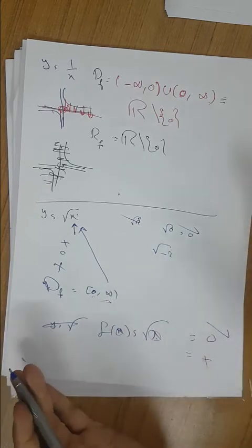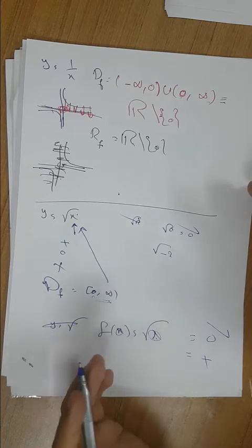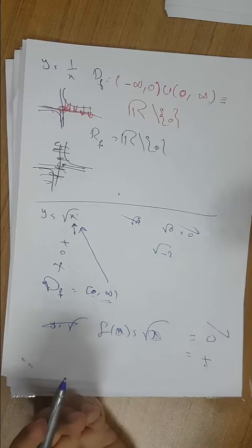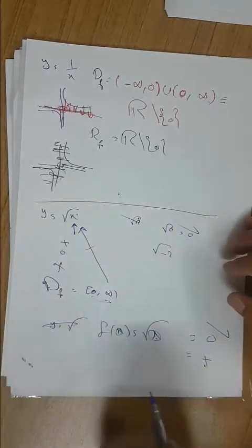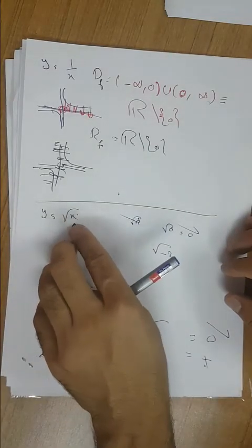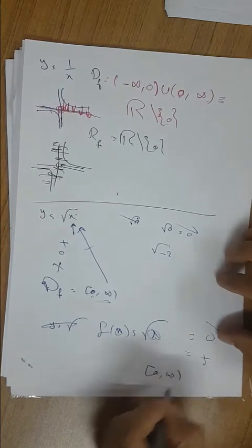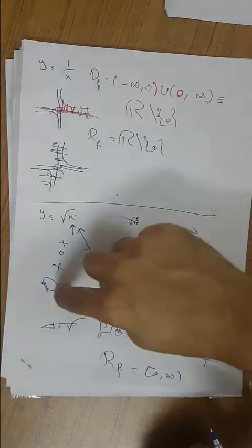I don't care about what exact value I get, but in general I get positive, right or not? Is there any negative in the output? No, surely not, because the square root cannot give you a negative value. That's why I have only positive outputs, and so this is the range of the function. So both are equal, the domain and range.